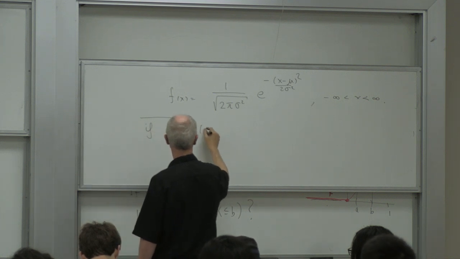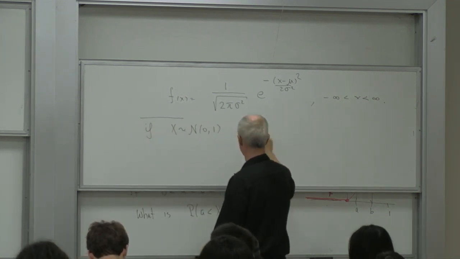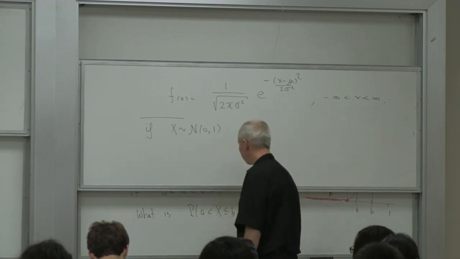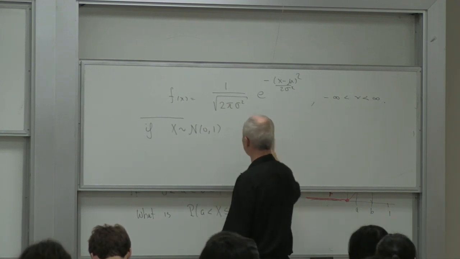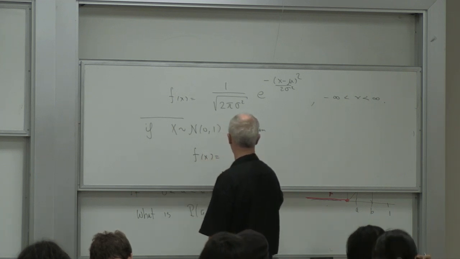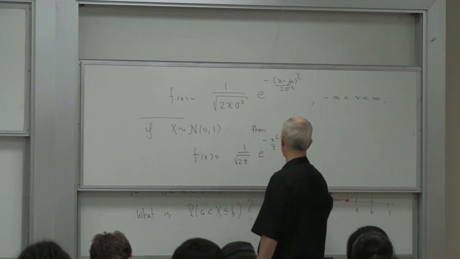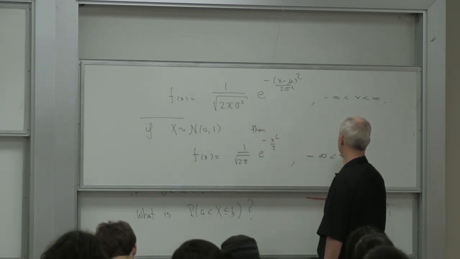If X has a normal mean 0, variance 1 distribution, then f of x is equal to 1 over square root 2 pi times e to the minus x squared over 2, for minus infinity less than x less than infinity.